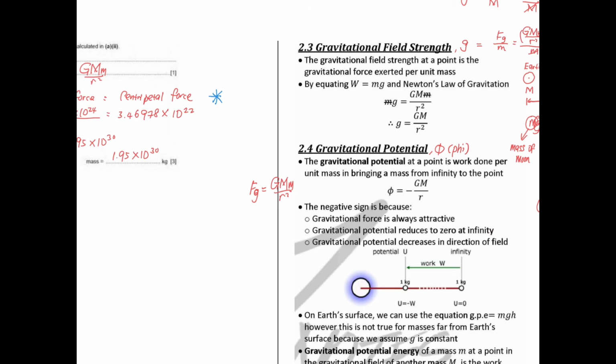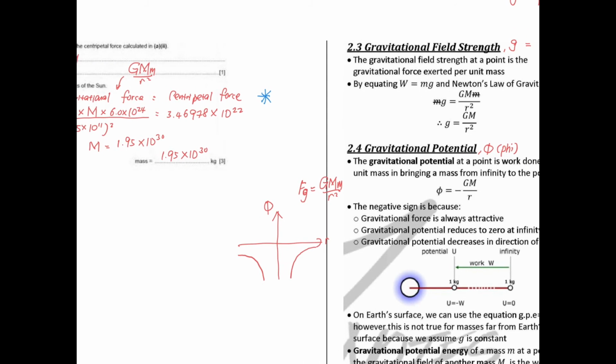It means something like this. The graph is like this, phi versus r. That negative is important because if there is no negative, our graph will be like this.